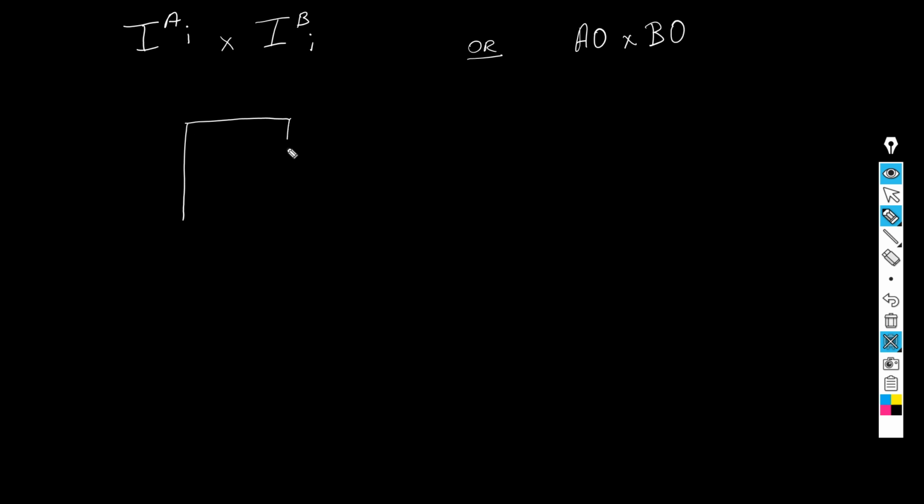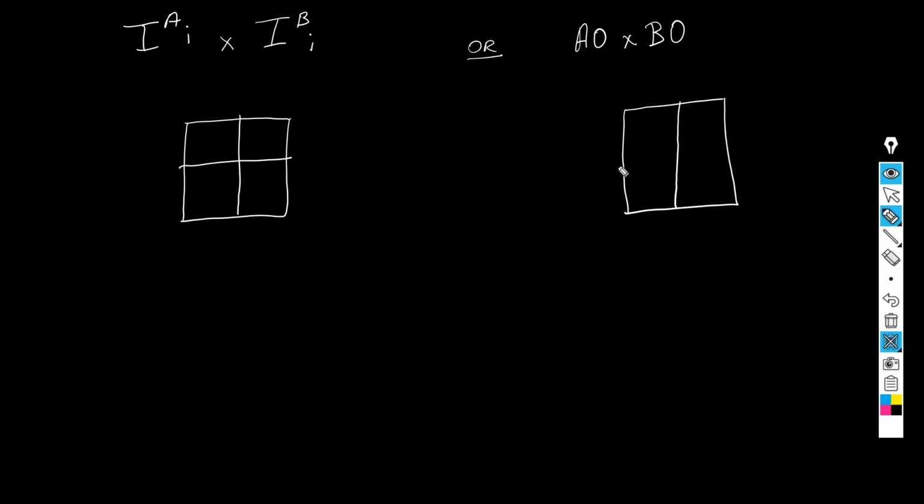So for both, we're going to draw our Punnett square. Same rules apply.